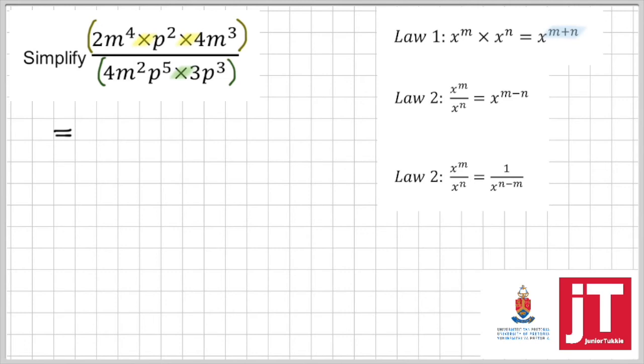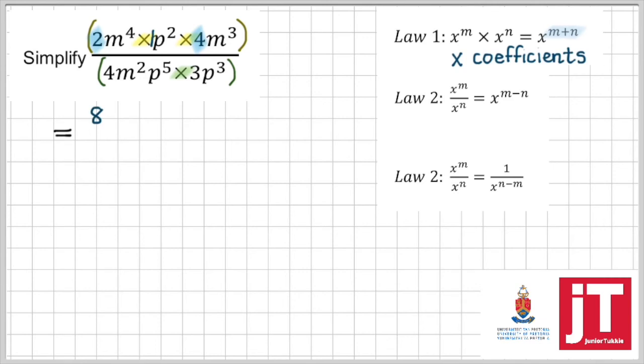add exponents. Here in the numerator, we also have coefficients. So we remember that we deal with coefficients just like normal integers. We multiply coefficients when we are multiplying. So we therefore start off by saying 2 times 1 times 4, and that gives us 8.